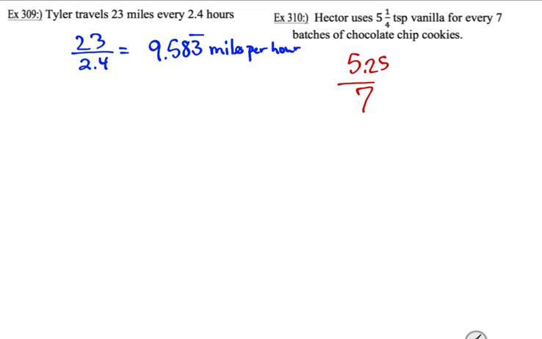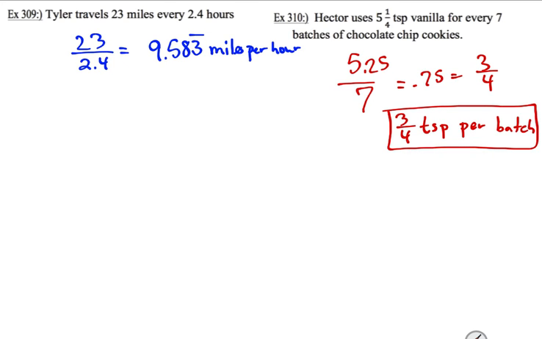Let's see what I get on my calculator just dividing that. 5.25 divided by 7. Oh, that's 0.75. That's great. That's 3/4. So this is 3/4 teaspoon per batch of chocolate chip cookies. That would be the unit right there.